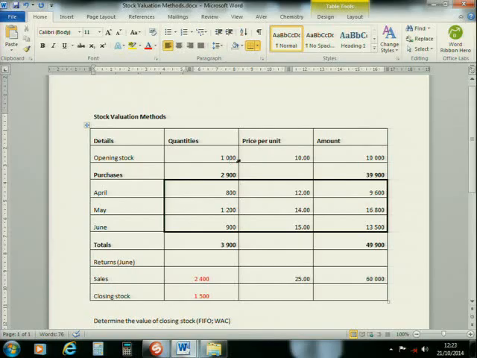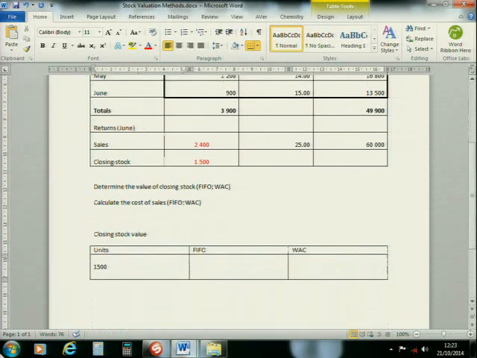These were sold: 1,000 were sold, 800 were sold, plus 600 of these units were sold to arrive at 2,004. So you're left with 600 units there. FIFO, it will be 600 units remaining times the unit price of 14 rands.